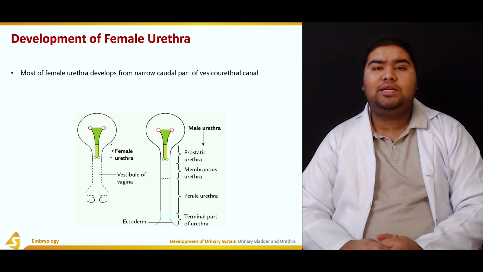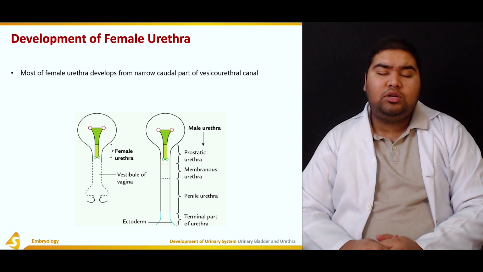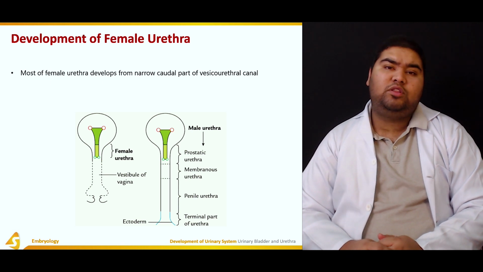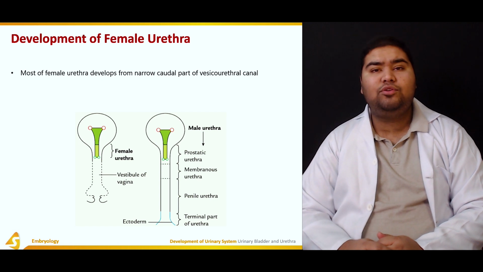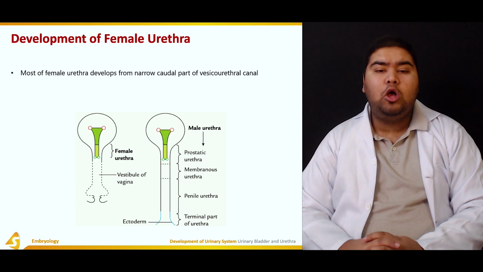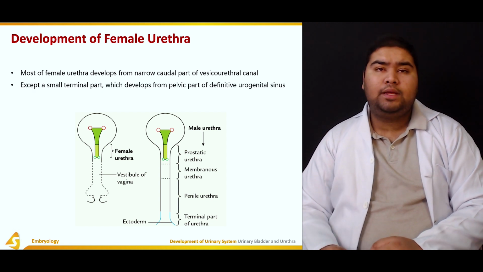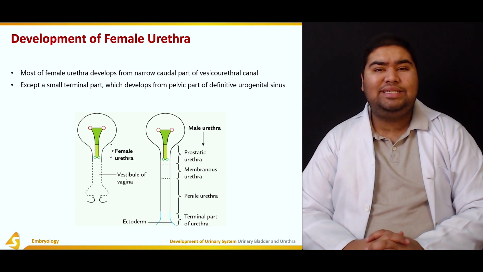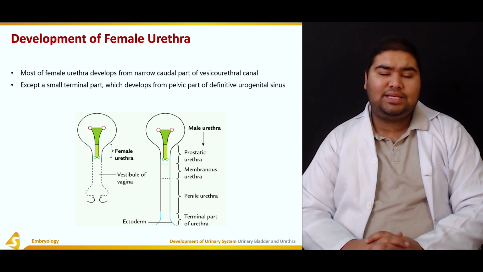The upper expanded portion formed the urinary bladder, and the lower caudal part was responsible for the formation of the urethra. So the caudal part of this vesico-urethral canal is responsible for the formation of almost the entirety of the female urethra. The exception is a small terminal part which is formed from the pelvic part of the definitive urogenital sinus.